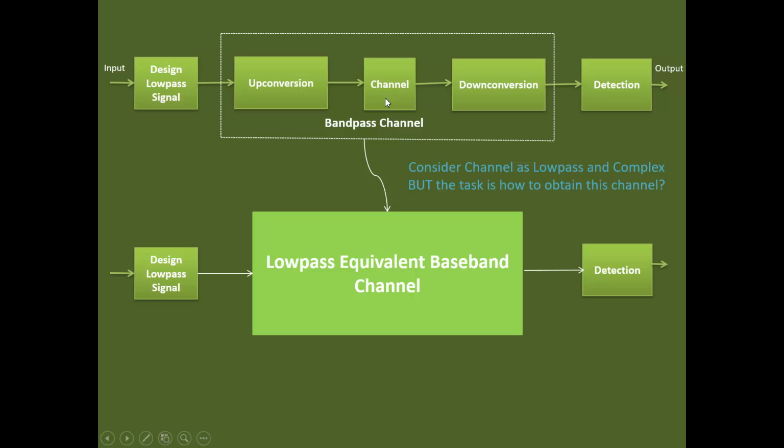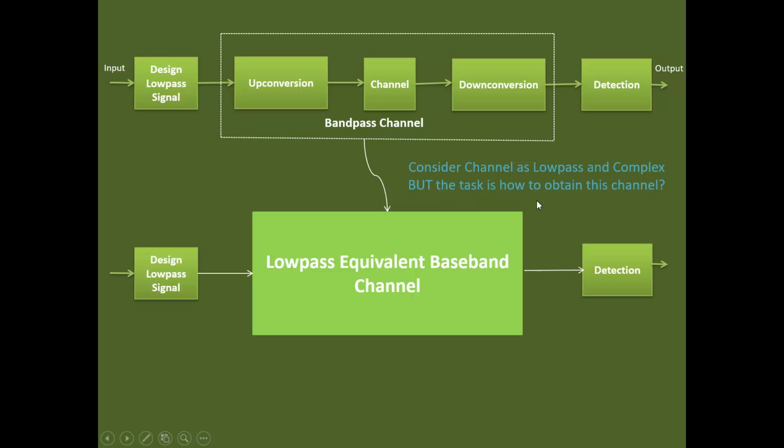You will see in this lecture how a band pass channel can be converted to a low pass equivalent channel and vice versa. And even the received signal can also be converted from a band pass to a low pass equivalent and vice versa. So we model the complete block diagram in this box as low pass and complex.